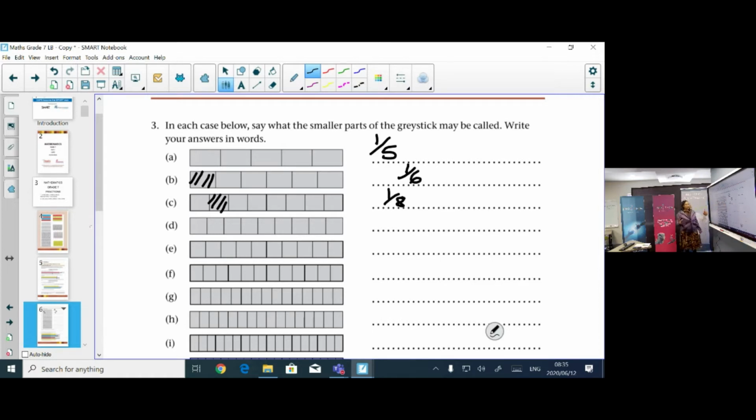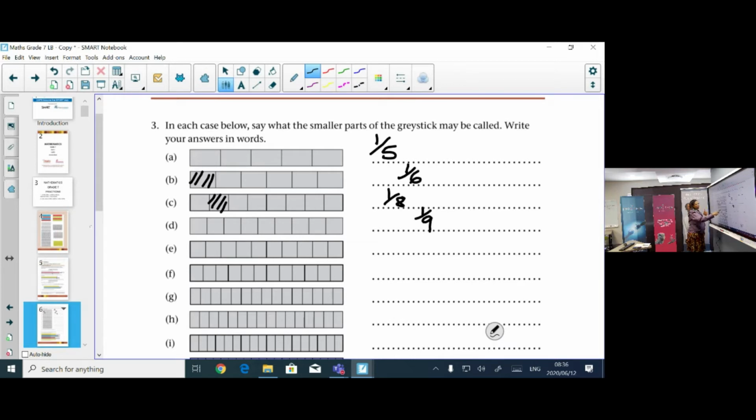Remember, the fraction is the smallest part of the whole. It depends on how many parts you count and how many you have divided. Because we are looking for the smallest part, we have 1 out of the total number of parts. In this one, 1, 2, 3, 4, 5, 6, 7, 8, 9, you see that you have 1 over 9.